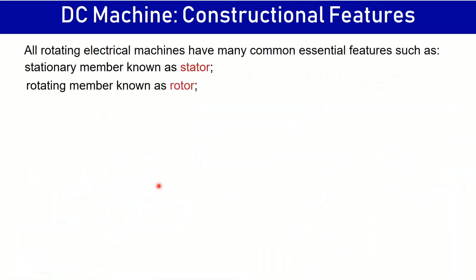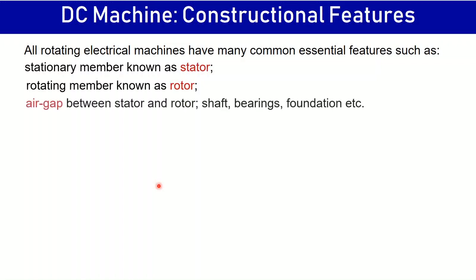Similarly, there will be a rotating member which is known as the rotor. So in our example, we had armature winding and the commutator as parts of the rotor. Between the stator and rotor, there will be an air gap. There will be other parts such as the shaft, the bearings, the foundation, etc.